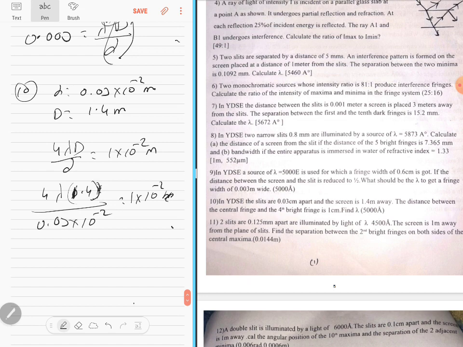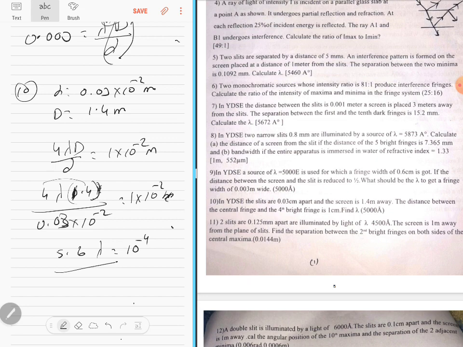Let's see if you're getting the answer. Let me continue with the sum. So this is 1.4, is it? 14 fours are 56. So it's 5.6 lambda is equal to 1 into 10 to the power minus 2, which is just 10 to the power minus 2.